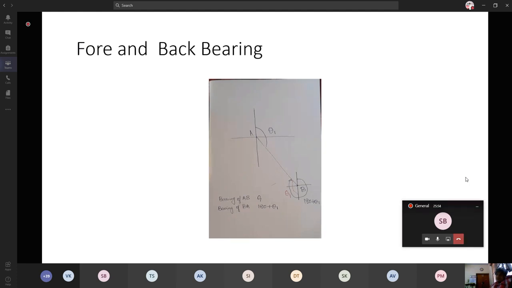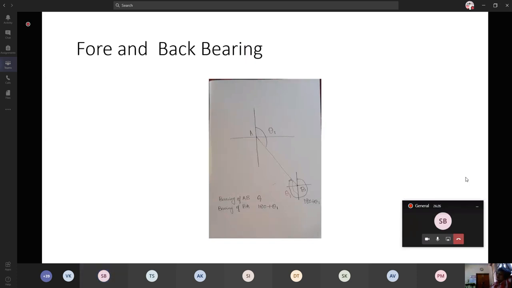What will be the bearing of line BA? 300. Simple. Bearing of line AB is 0. What is the bearing of line BA? 180. Wonderful.